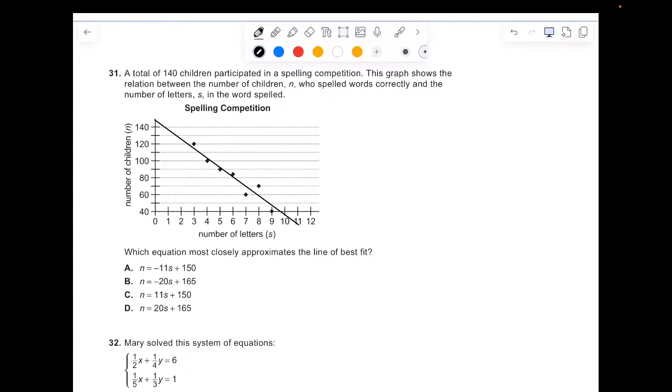And then what else? Let's calculate the slope of this line. So rise over run. So our rise is going to be negative. So we're going to have y2 minus y1 over x2 minus x1. Let's see. I'm just going to make this 10 to make the math easier.